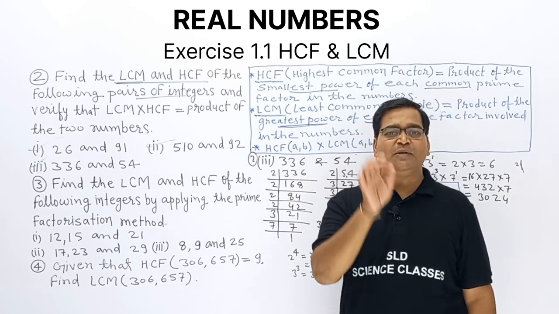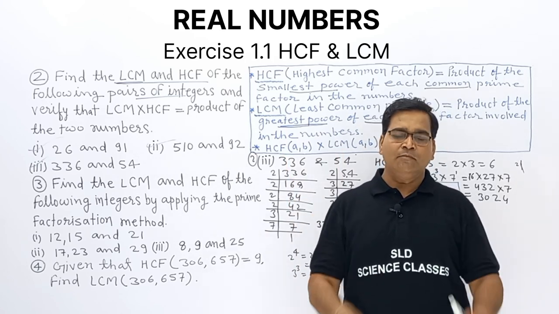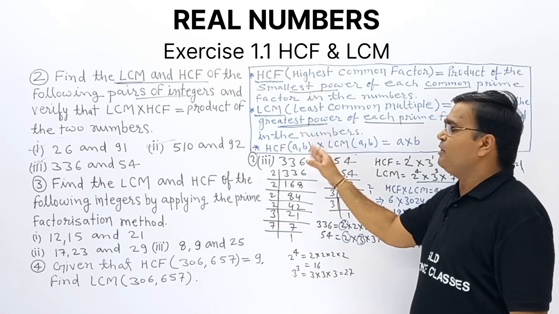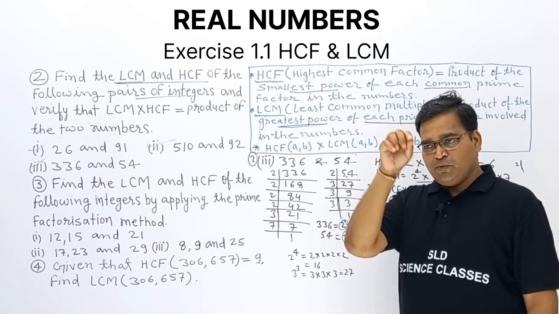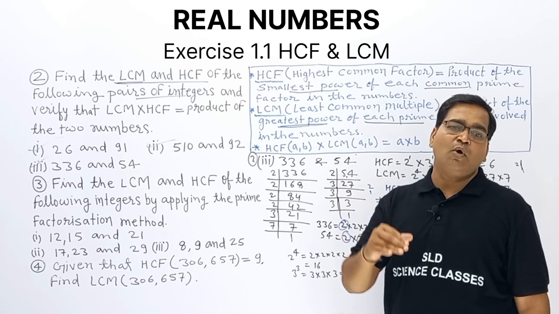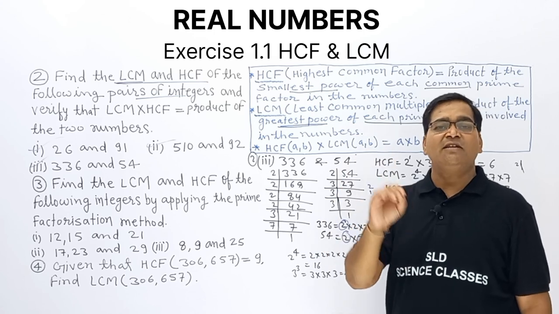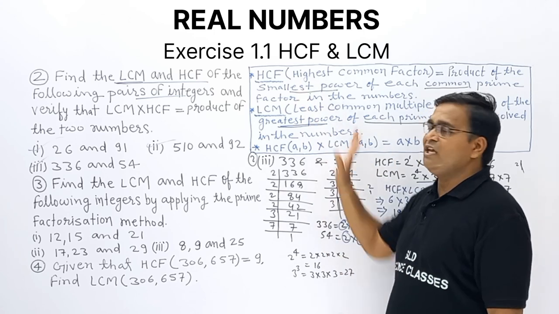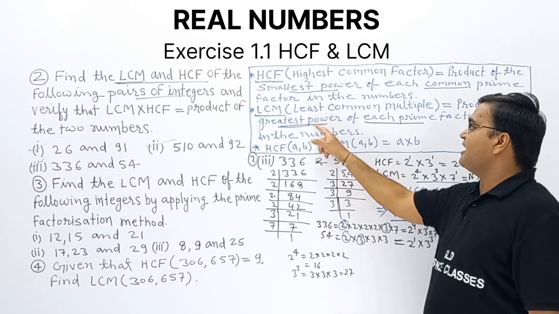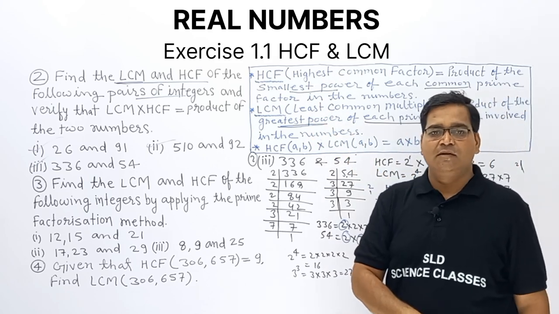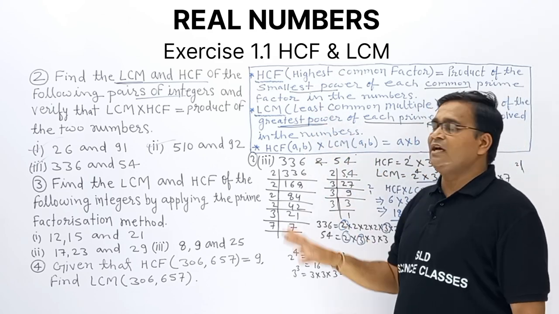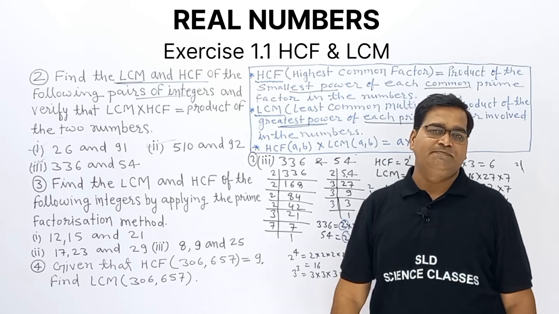The process will be the same: first we do the prime factorization, then we will use this definition. If there are two numbers, the product of common prime factors will be the HCF, and the greatest power of each prime number involved in the numbers will be the LCM. Clear?